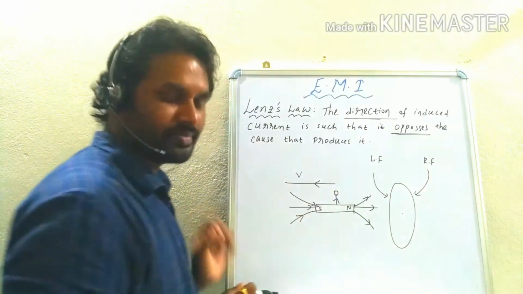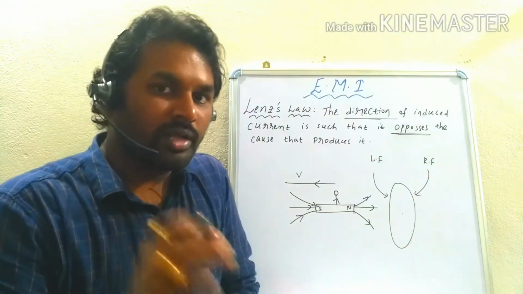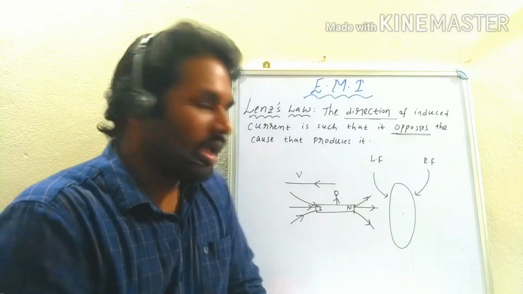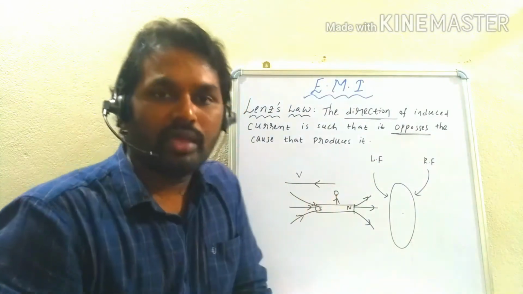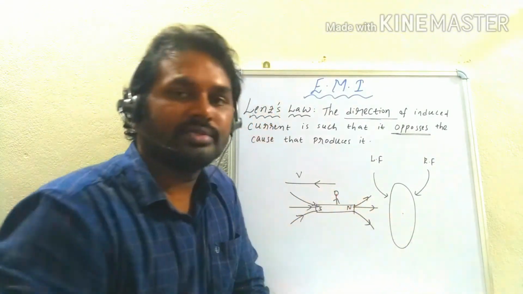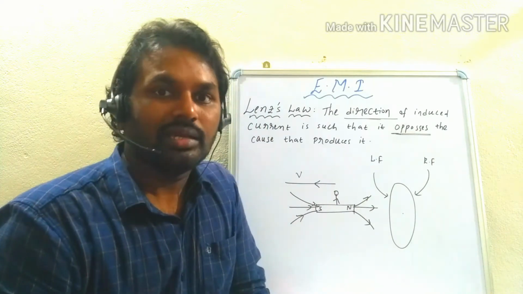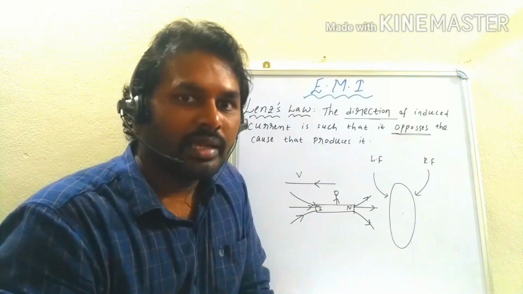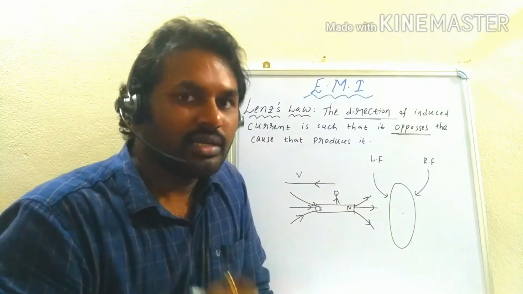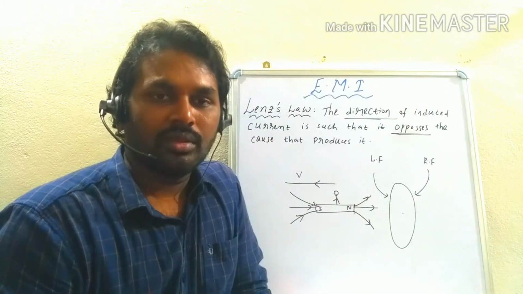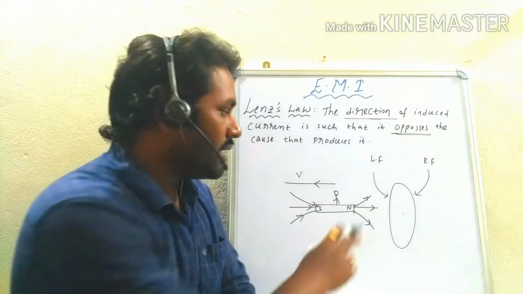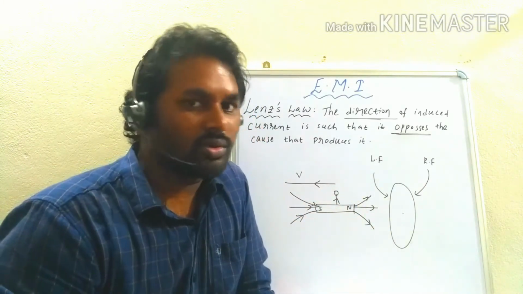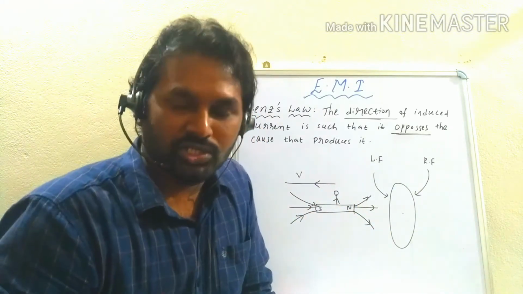Like this they are moving. But the only difference is that as this magnet is moving away, these field lines are gradually decreasing. The flux linked with the coil is decreasing. With this, an induced current is developed in this coil. We need that direction.